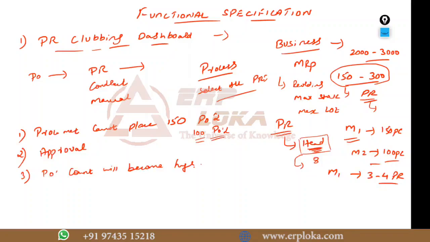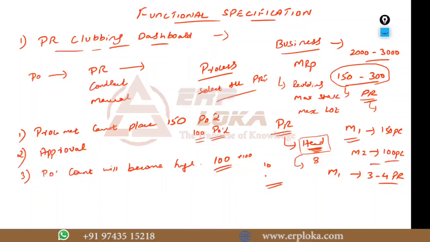If the PO count is huge, what are the difficulties business will face? If the PO count is big, they need to track each and every PO when the POs are getting delivered. So if 100 POs are getting created per day, then he needs to track the 100 POs when they are getting delivered. On a daily basis, 100 plus 100. So for 10 days, 1000 POs will get generated.